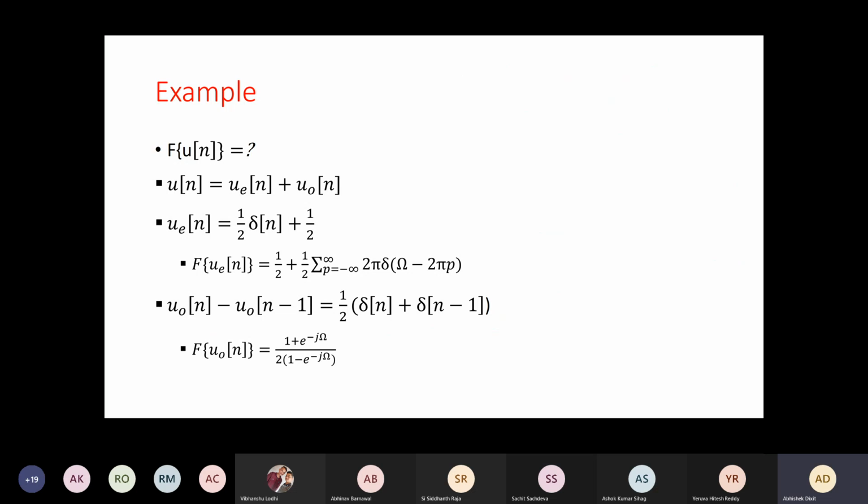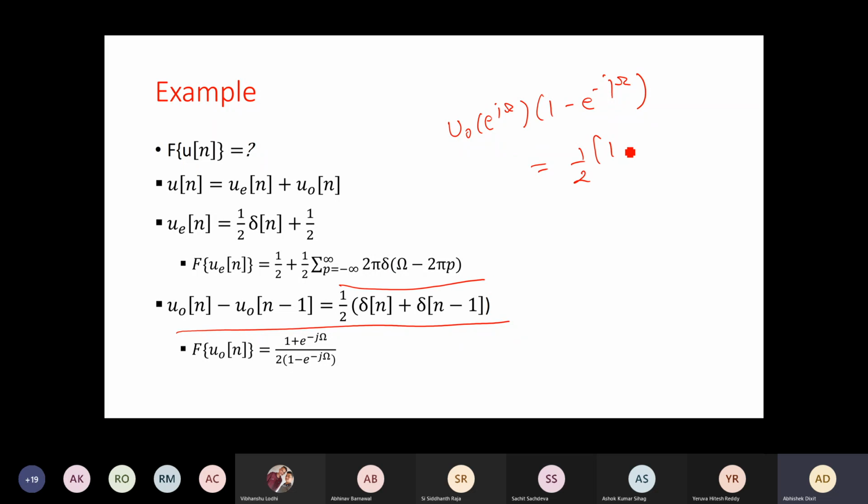Now let me say that the Fourier transform of U odd n, if I use this expression, what is it? Let me call this as this. So this will be this, right? And the Fourier transform of this quantity is half 1 plus e to the power minus j omega.